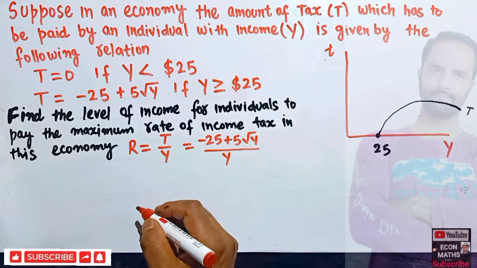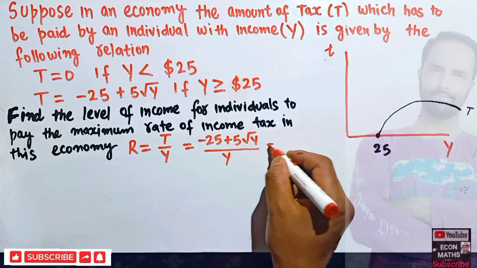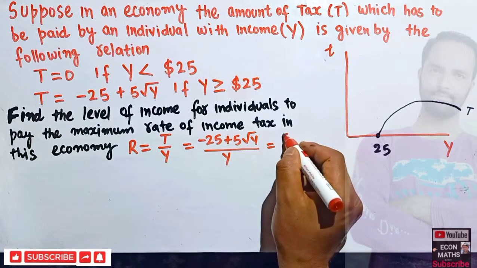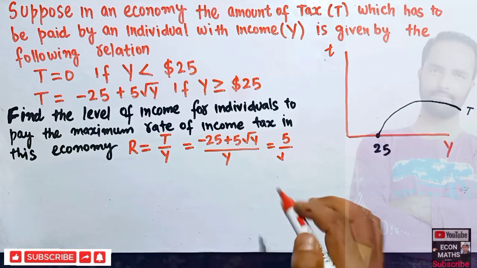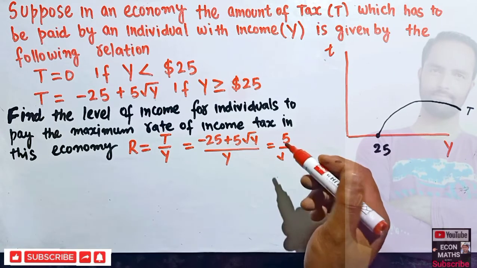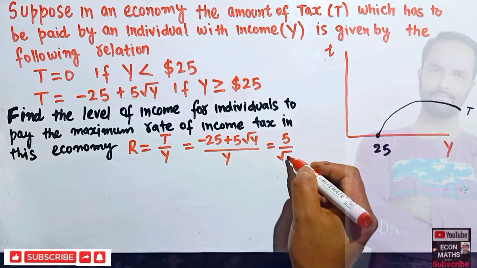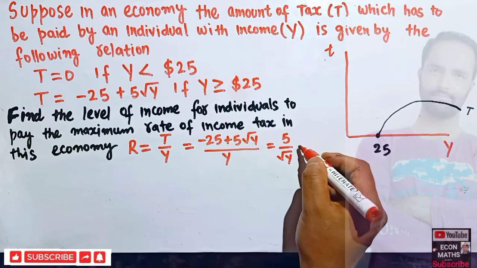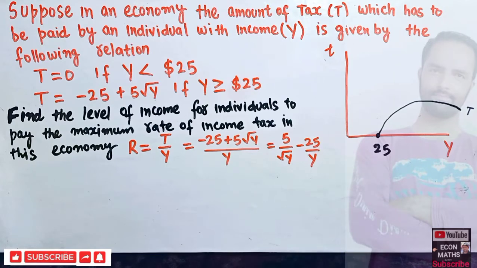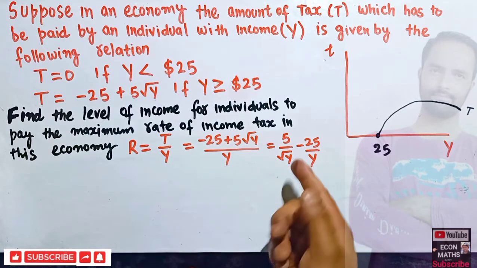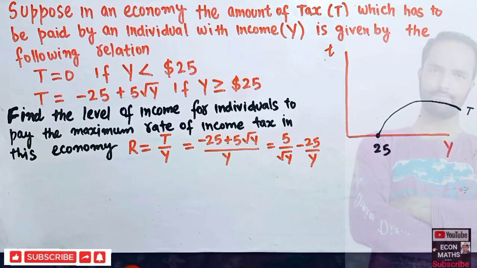When you solve this it will become 5 upon under root y minus 25 upon y. So you can solve this, you will get this expression here.